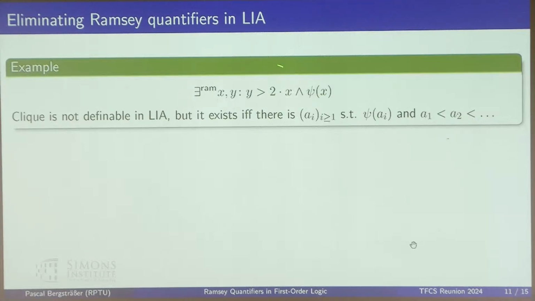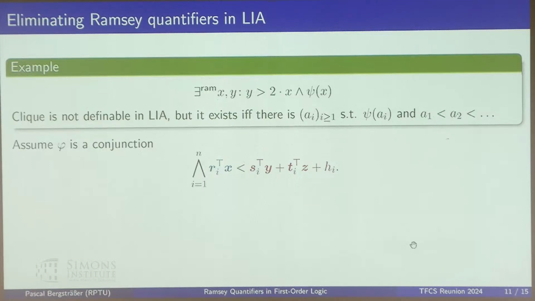So the other direction, of course, so if you have a clique like this, but that is exponentially increasing, then it's also strictly increasing, but the other way around, it's only existence equivalent. So you have this sequence here, and then you can always take a subsequence such that the gaps are exponentially large.